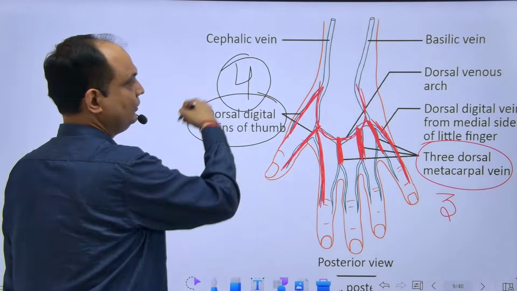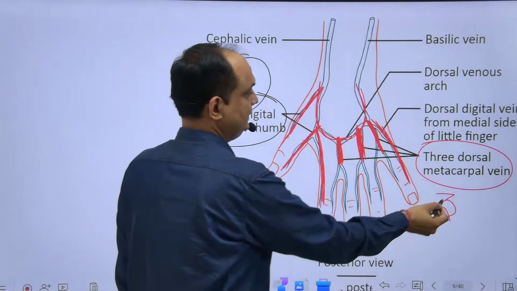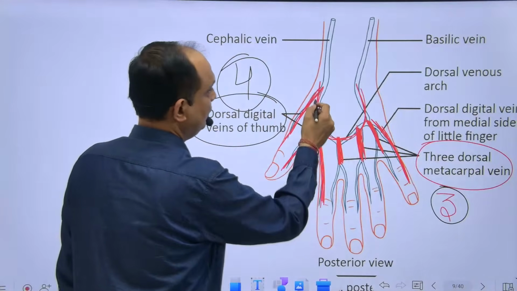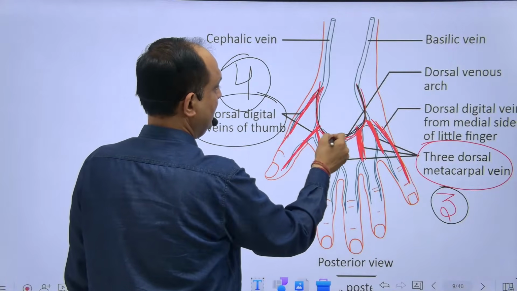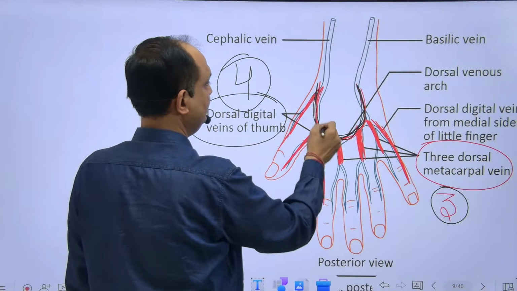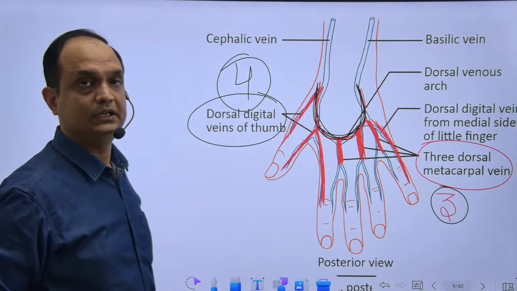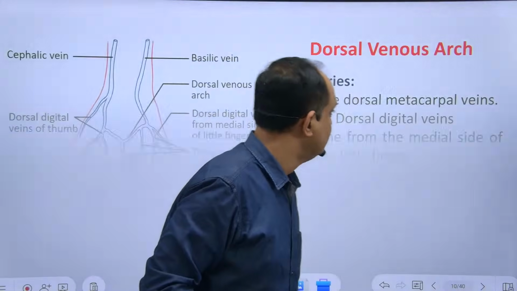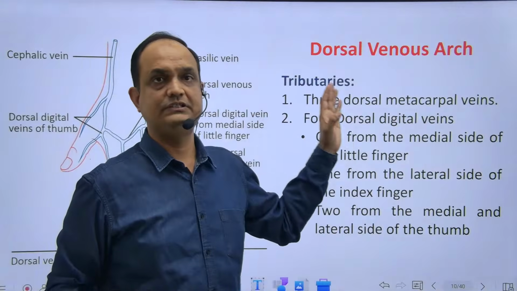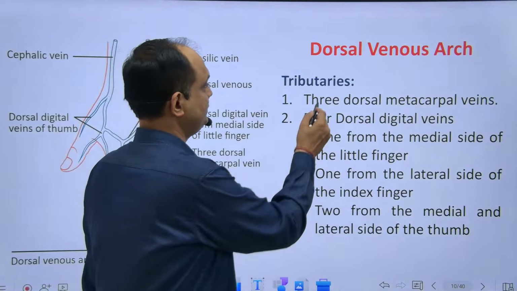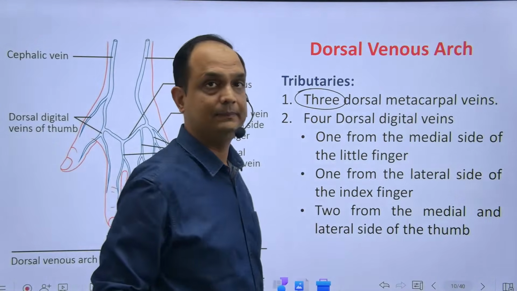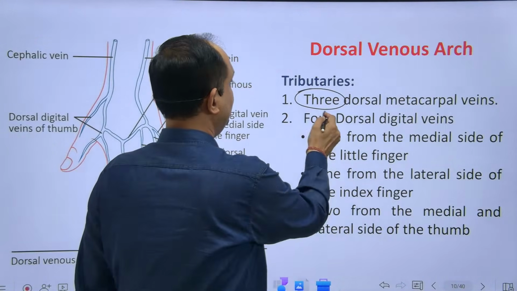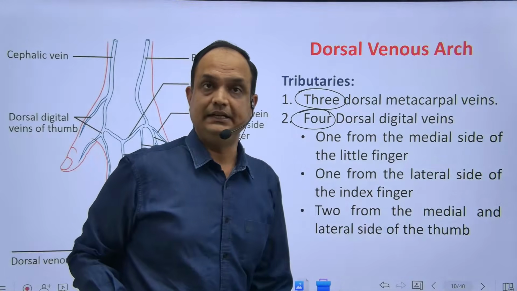So there are 4 digital veins and 3 metacarpal veins. All these veins join, and in this form you have a dorsal venous arch at the dorsum of your hand. So this dorsal venous arch has tributaries. How many? I told you, 3 dorsal metacarpal veins and 4 dorsal digital veins.